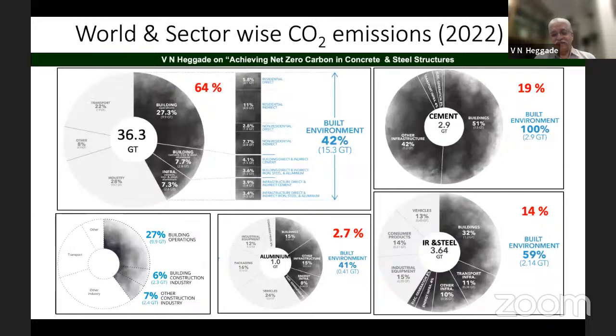Where do we stand as construction engineers? It is said that 42% of the carbon emission is because of the built environment. As you can see here, out of this 42%, around 27% is because of the operation of the systems, like the ventilation system, and in case of the buildings, running the pumps for lifting the water to the top of the buildings, and this sort of thing.